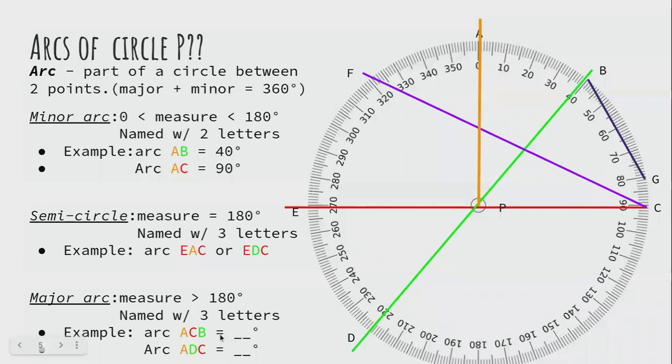Remember, the two arcs together form the entire circle, so they should total 360. So what's the measure of the major arc if the minor arc is 40 degrees?